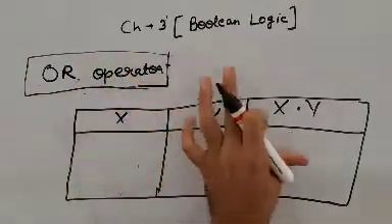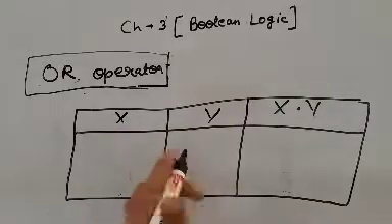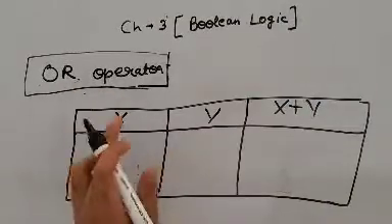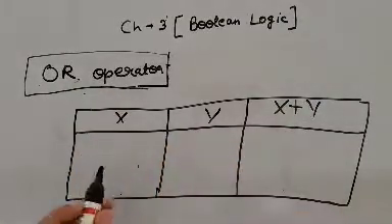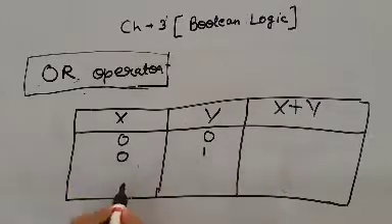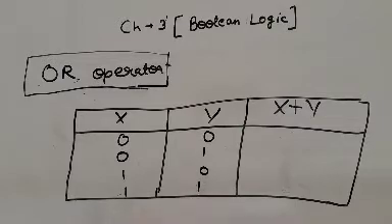Now for the OR operator, again two input terminals, but now the output will be plus, because the OR operator represents the plus sign. So again the input will be the same: 0 0, 0 1, 1 0, 1 1. It is similar to your class 10th probability. When you toss a coin 2 times, you obtain 4 outputs.